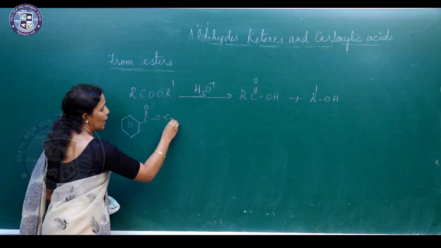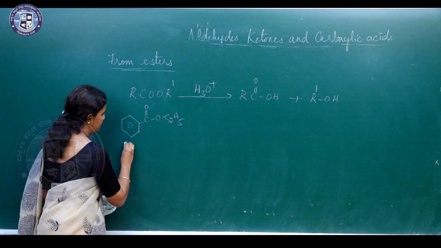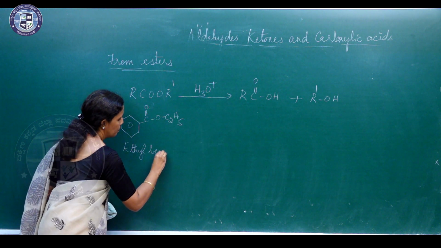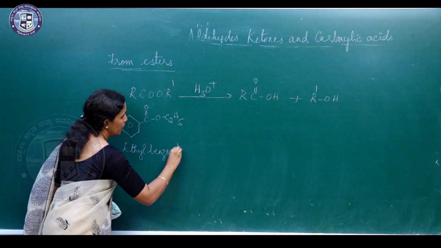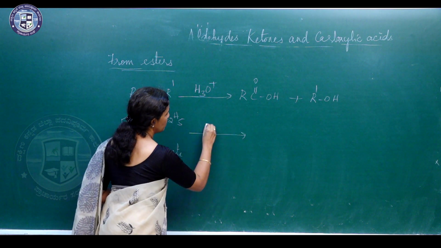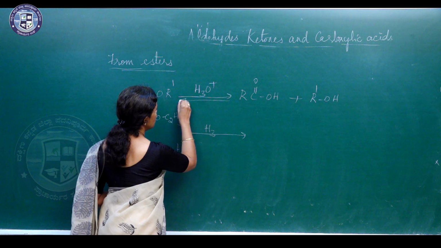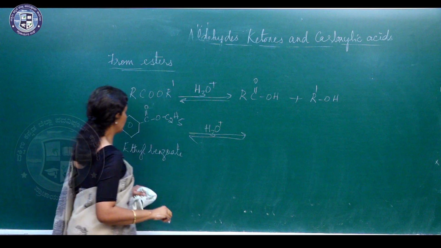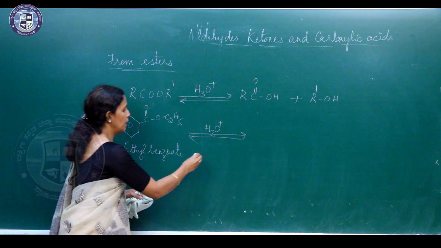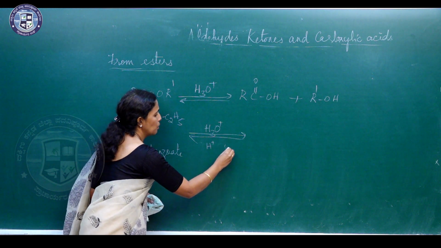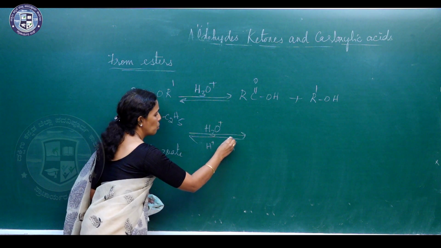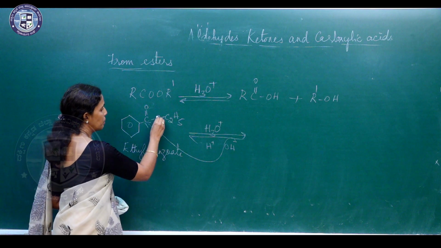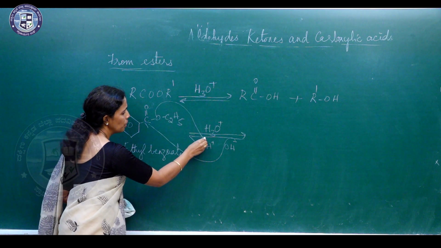We will take ethyl benzoate subjected to acid hydrolysis. This is a reversible reaction. Here again we have H+ and OH-. This OH- will link to this carbon atom, and the oxygen atom along with the bond will link to the H+.